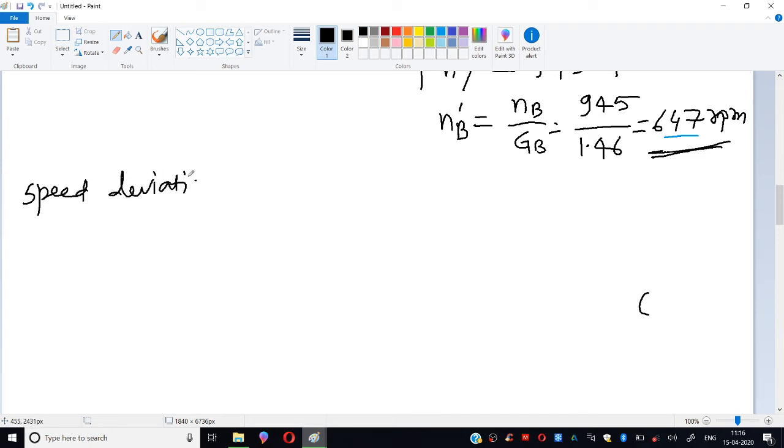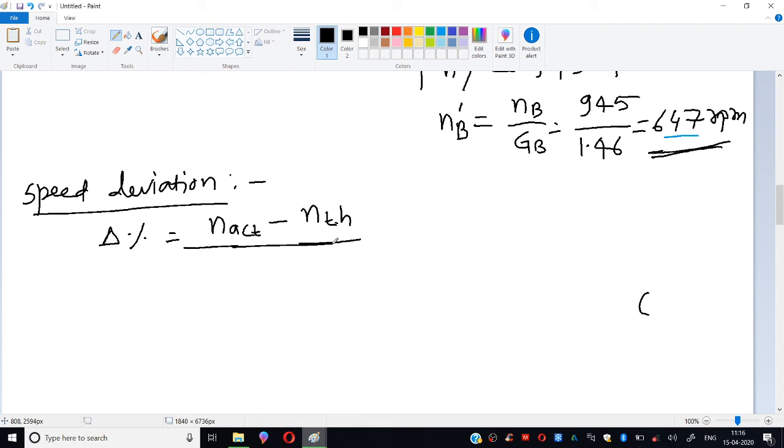For speed deviation, we will make one table again. For speed deviation, we have one formula: delta percentage is equal to n actual rpm minus theoretical rpm, divided by theoretical rpm, multiplied by 100. From this formula we can calculate the maximum deviation.